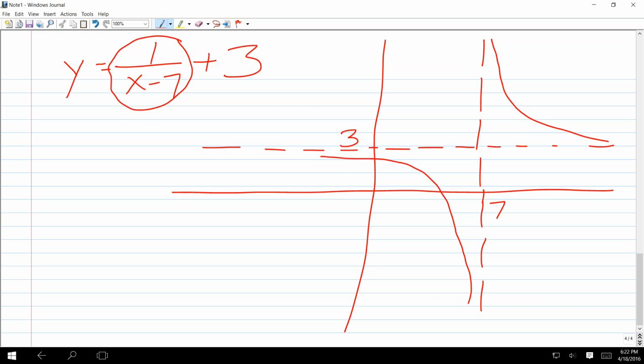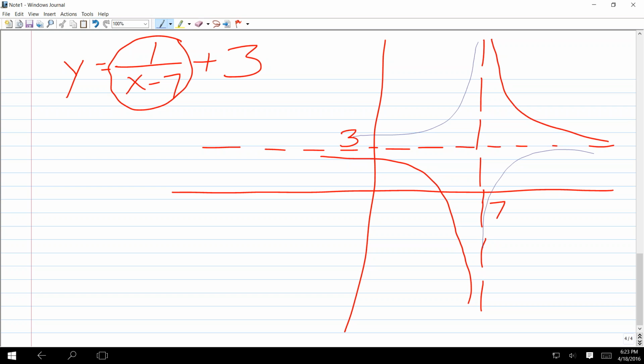Am I in the right quadrant, the way I've graphed it? Yeah, because any value greater than 7 gives you a fraction plus 3, so it's got to be above the dotted line 3, and we're in the right spot. My only question when I went to graph it was whether it was the way I've drawn it, or could it have been like this, if you had negative 1 over x minus 7.